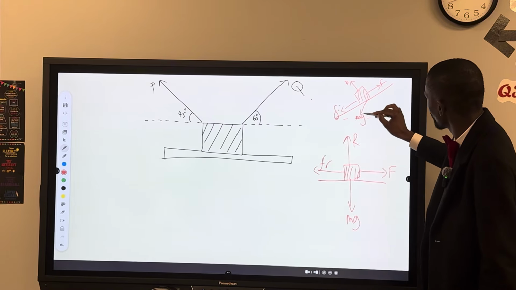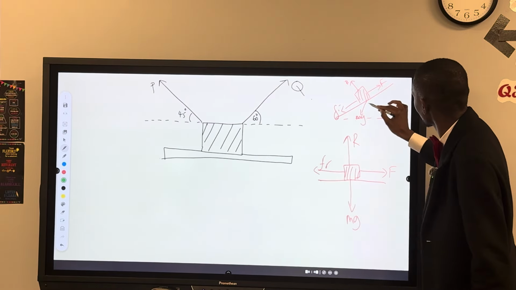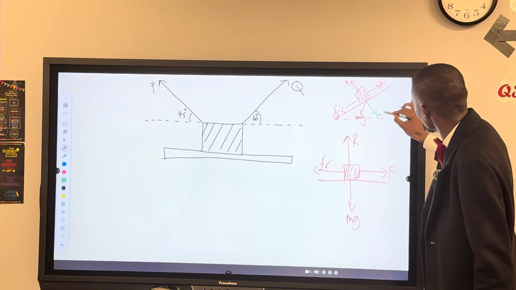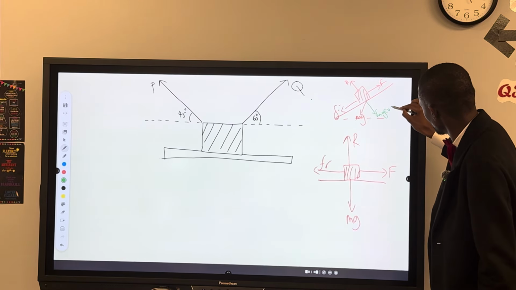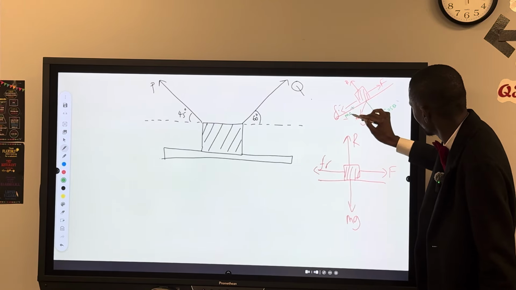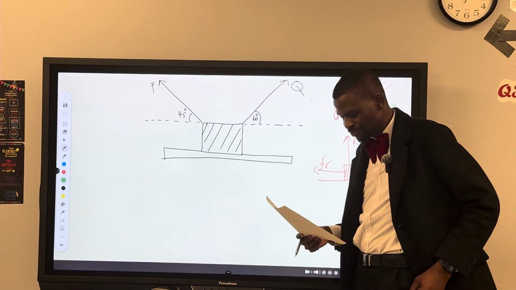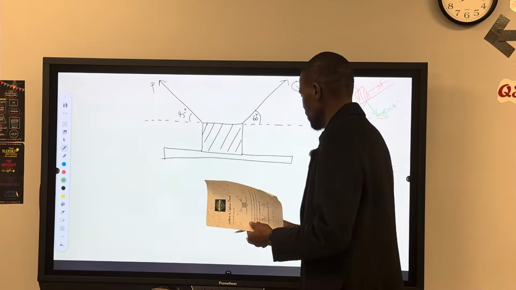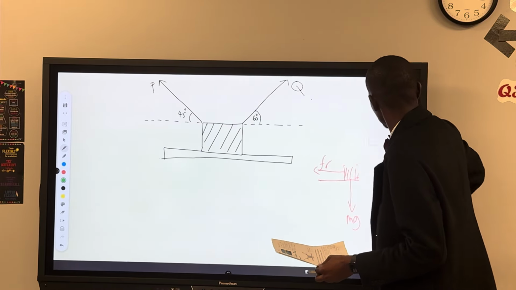But for this weight here, we need to understand that when resolved, the perpendicular component is mg cos theta, and we are going to add another force if we resolve the mg, mg sine theta.